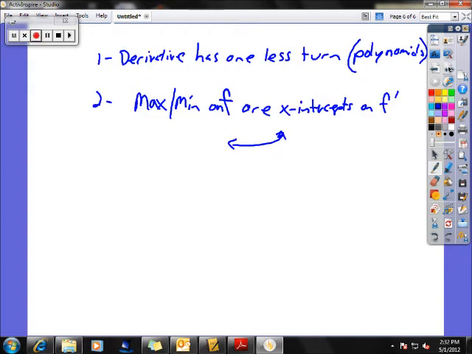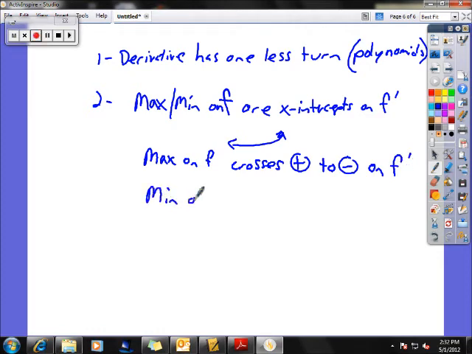Okay? So a max on f crosses positive to negative on f prime. Okay, and a min on f crosses negative to positive on f prime.